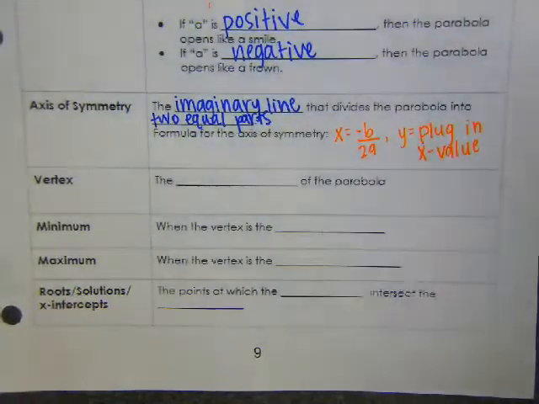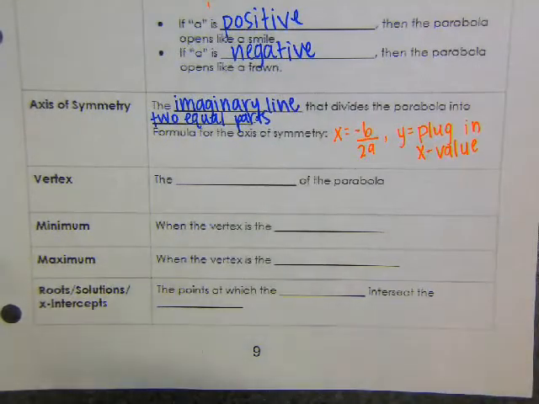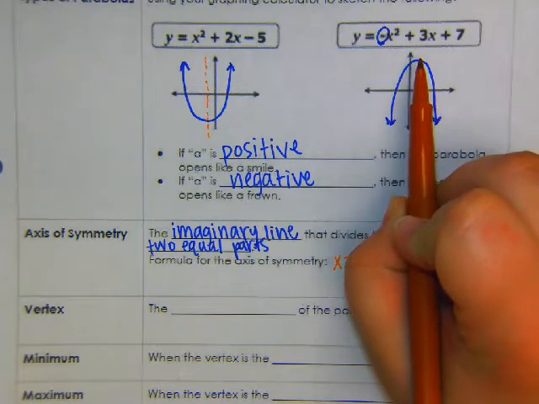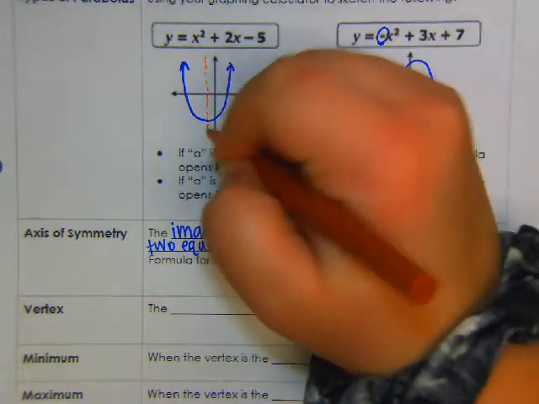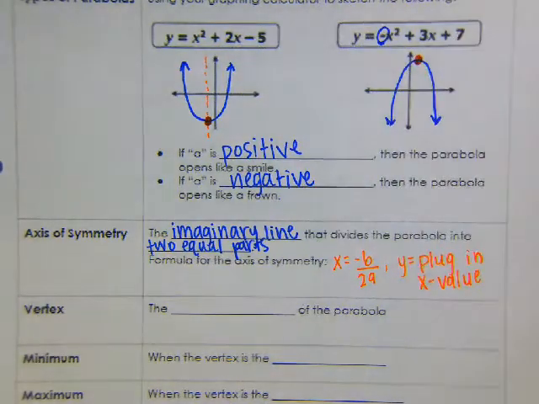The second part we have is called the vertex. So again, the vertex is that point in your curve. So our curve can either be down here or our curve can be up here. Either way, the vertex is the point in the middle of the curve. So there's a couple of different ways to represent the vertex.